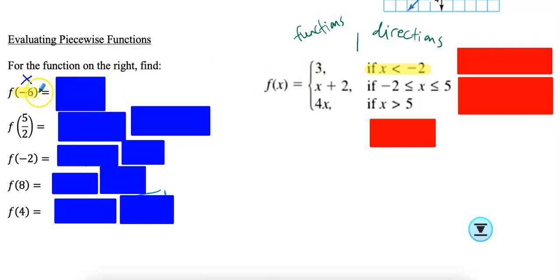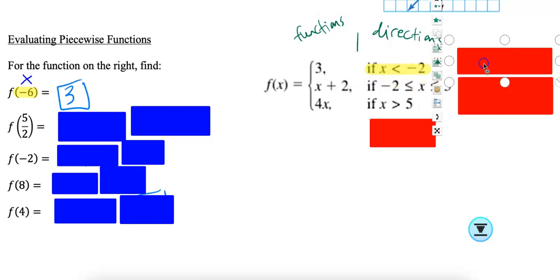So I'm going to plug in my value of x into my equation. However, there is no value of x in this first function. So what that means, the answer is 3. So if anything is less than negative 2, like negative 3, negative 4, negative 5, negative 6, and so on, the answer is just automatically going to be 3.